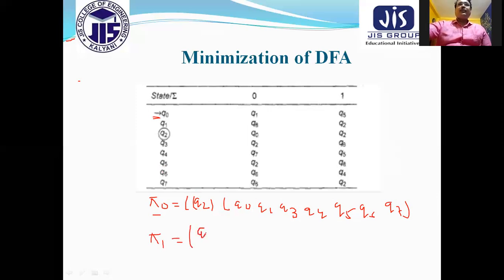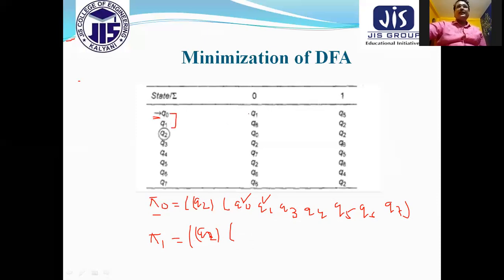Q2 is alone, so there is no need to compare it, and I can write it as it is. Now you have to compare Q0 and Q1, whether they are equivalent or not. You have to check whether the elements reached from these two belong to the same set of pi 0 or not. Now check Q0, Q1.